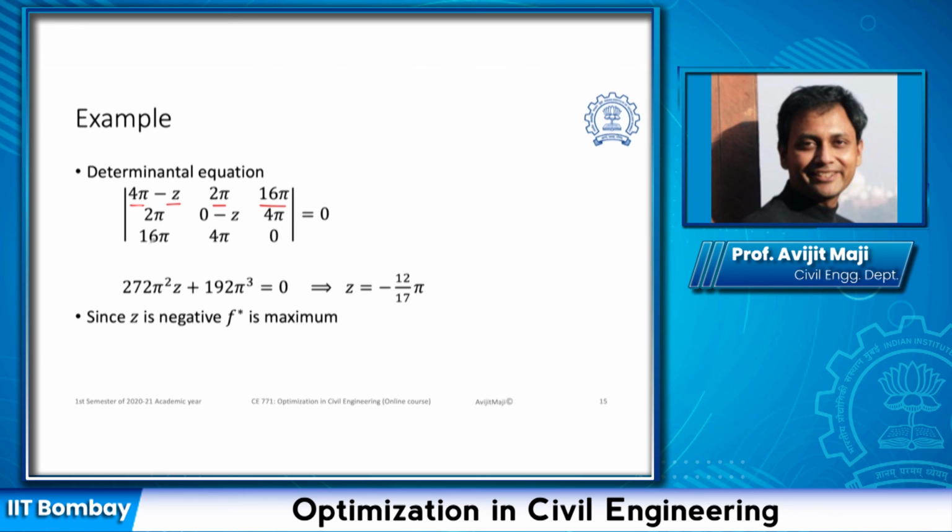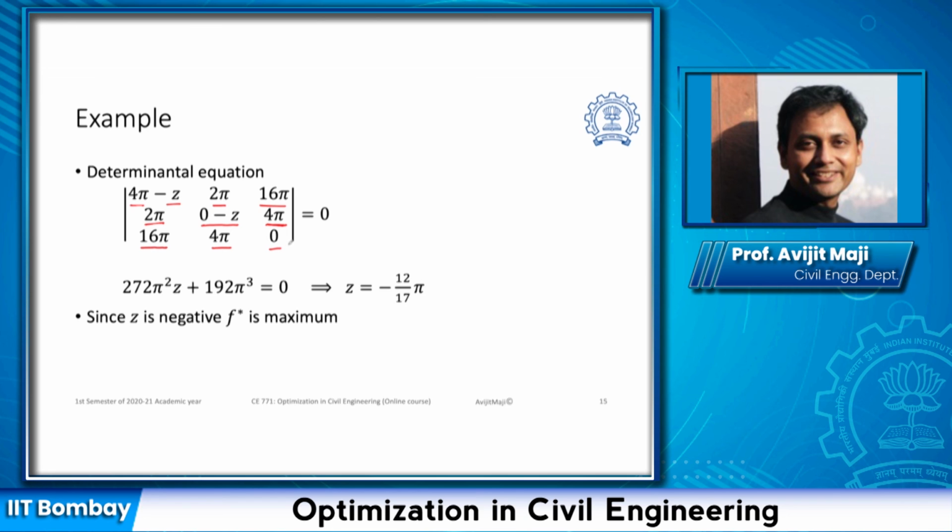Then we look into L21, that is going to be 2 pi, L22 was 0, so 0 minus z, and we are looking into H12, that is going to be 4 pi. Then we are looking into H11 again here, which is going to be 16 pi, and this one is going to be H12 again, it's going to be 4 pi, and this is going to be 0.